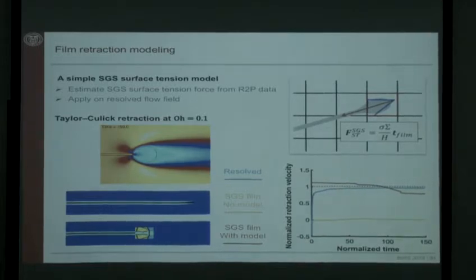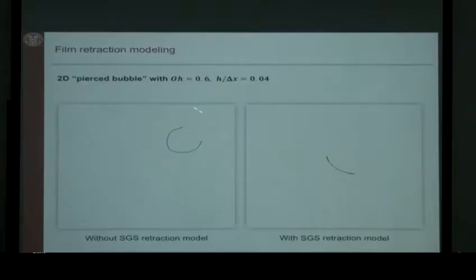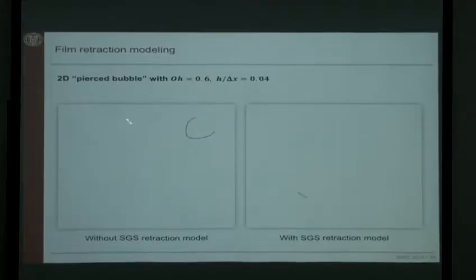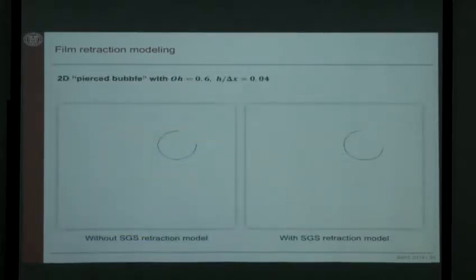So with this, I'll just say, oh, well, I guess I have a little demo. So for the retraction, if I pierce a bubble, it has a weird behavior. It goes towards the direction in which it's been pierced. If I pierce a bubble with the subgrid scale model, you get a maybe more realistic response or more expected response.